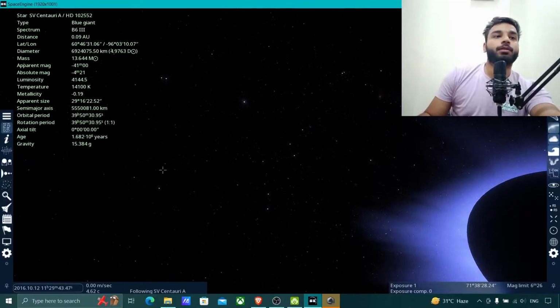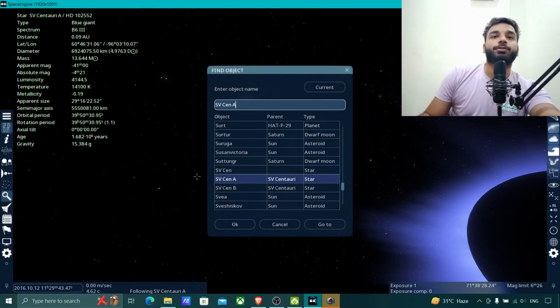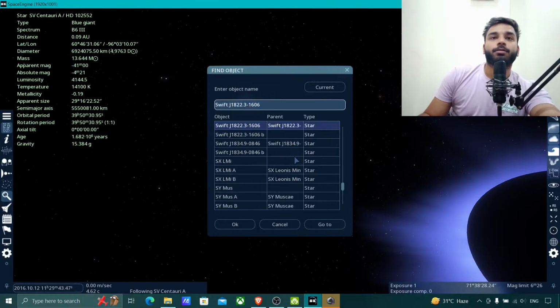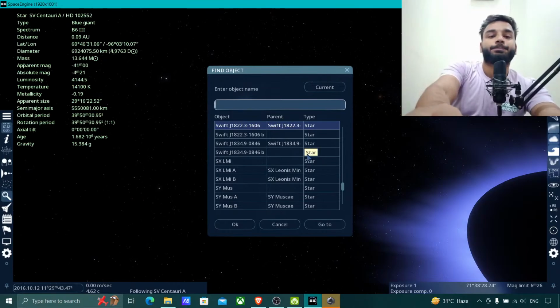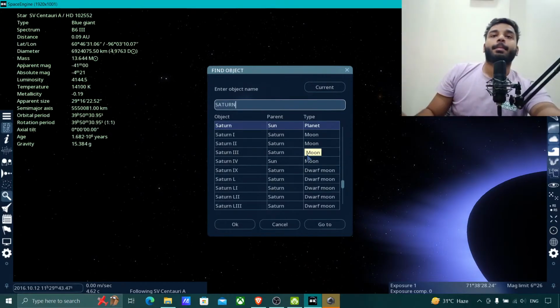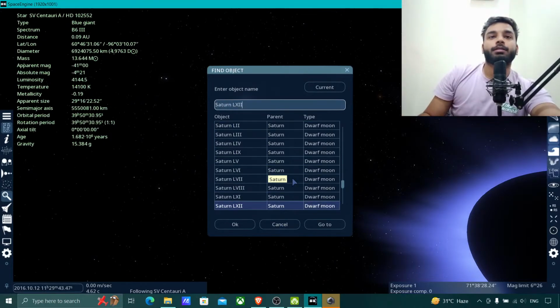And let's go to a planet that has some terrains, so we can probably see something good. So let's just say Saturn. So you see that this is a dwarf moon probably.